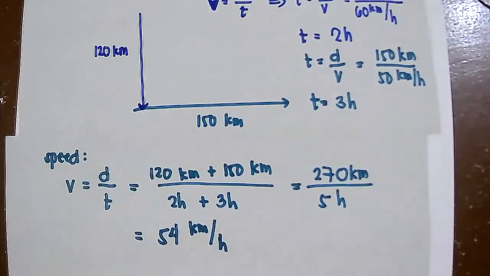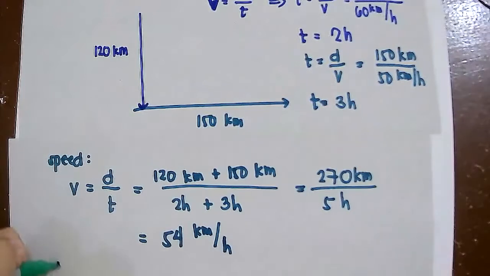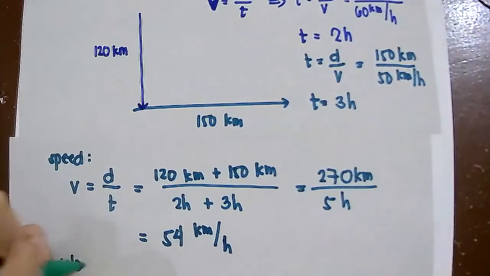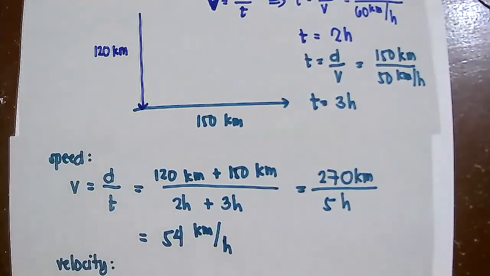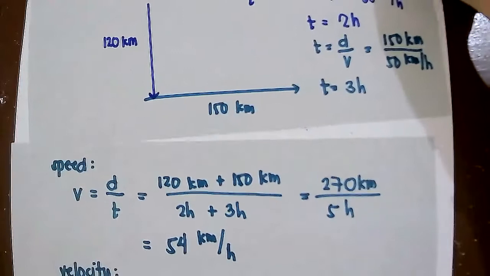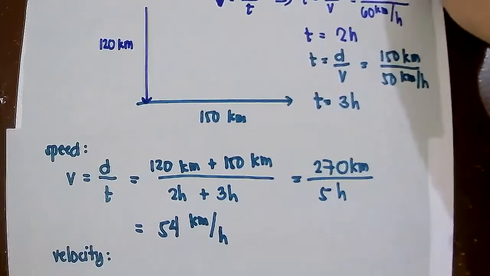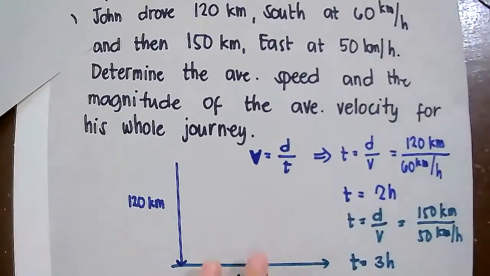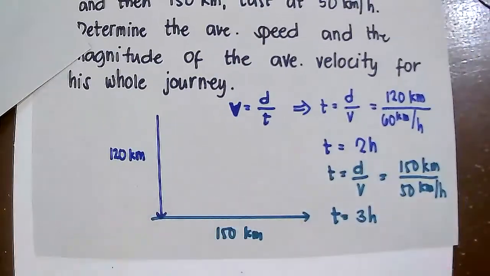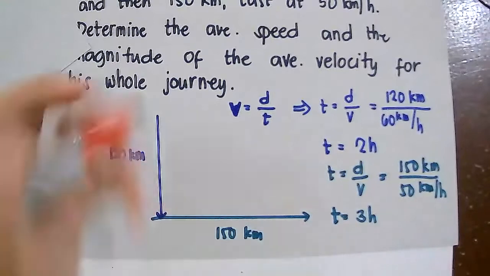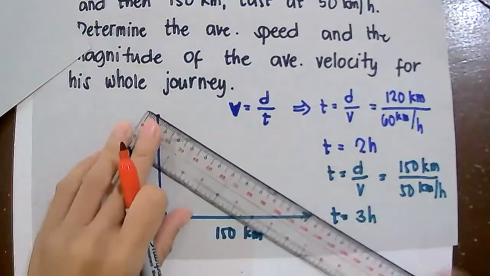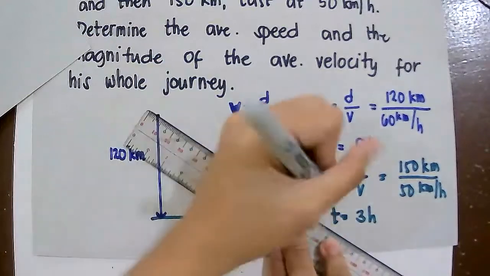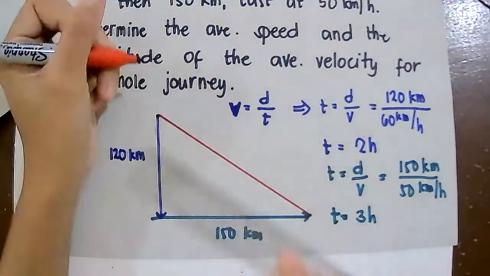Now what about your magnitude for velocity? Since we are looking only for the magnitude of the velocity, it is not necessary to determine the direction. So in this case, we go back to our illustration. That's initial and then going to your final position. That's your displacement. So in this case, ito na si displacement natin.